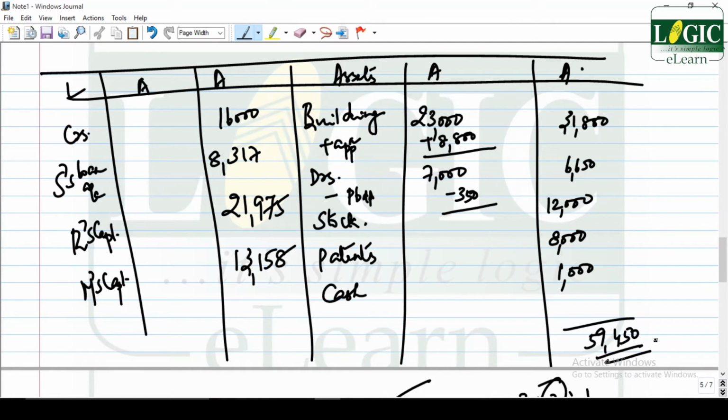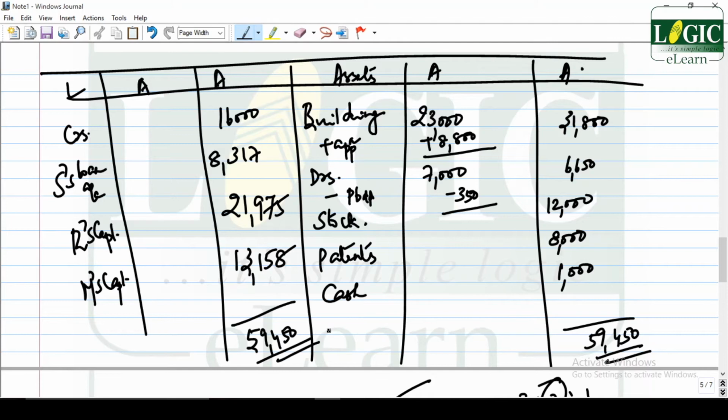Now we should see whether the same thing is happening on the liability side. 16,000 plus 8,317 plus 21,975 plus 13,158 gives you 59,450.